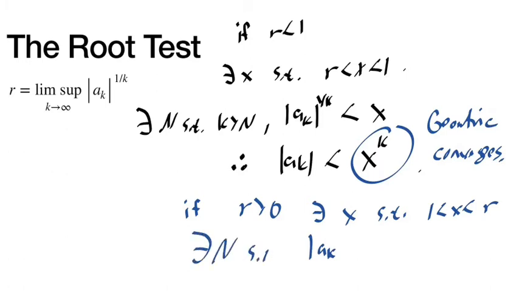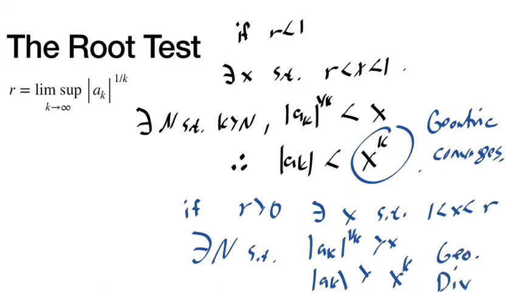There exists a capital N such that a_k to the 1 over k is greater than x, and therefore the absolute value of a_k is greater than x to the k, but this is also geometric, and this one diverges because x is bigger than 1. So the proof of the root test was a lot easier than the proof of the ratio test, even though the ratio test is the one that we tend to use in practice.